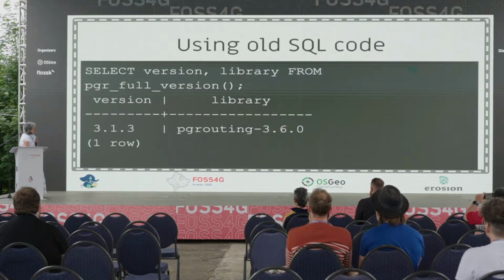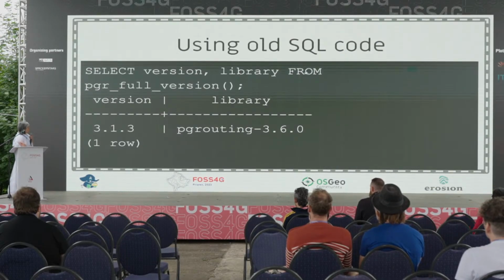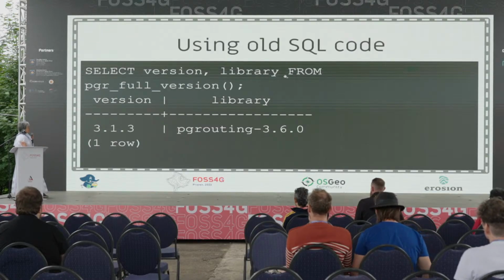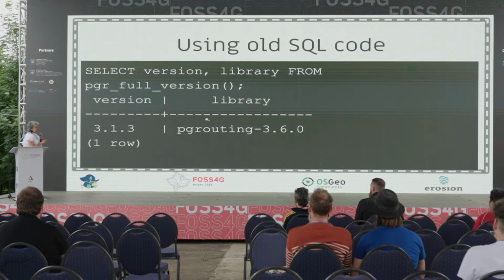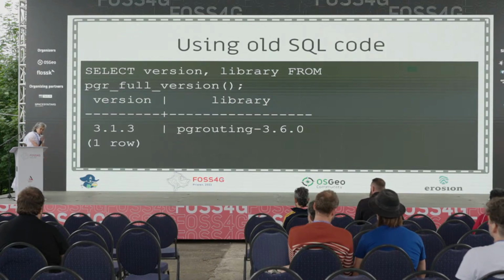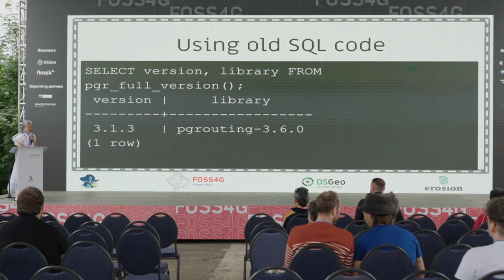So, as I mentioned, we are changing the code. Let's understand first the version of pgRouting that we're using. If you run select version and library from pgr_full_version, you get two values. One is the SQL version, and the second value is the C++ code that is being used by that SQL version.